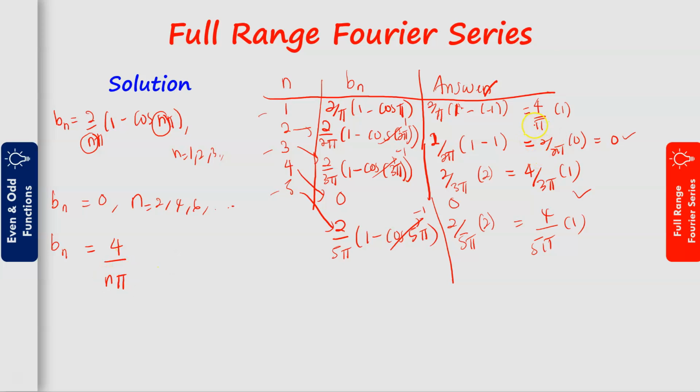Remember class, this one is 1 pi and n is 1. This one 2 pi. This one 3 pi and n equals 3. This one 5 pi and n equals 5. Means that here it is not negative, class. So 4 over n pi for n equals 1, 3, 5, and so on.